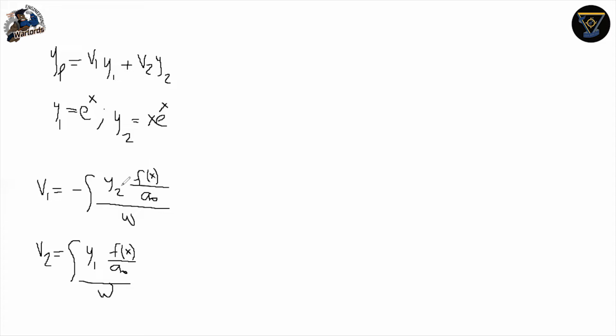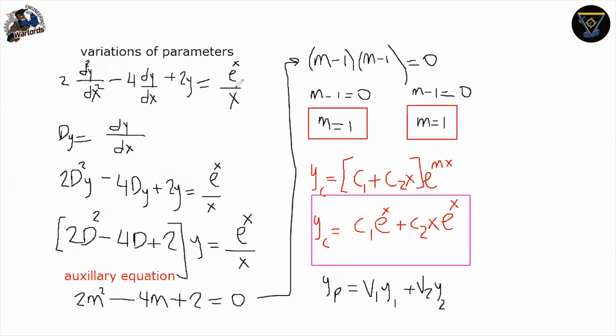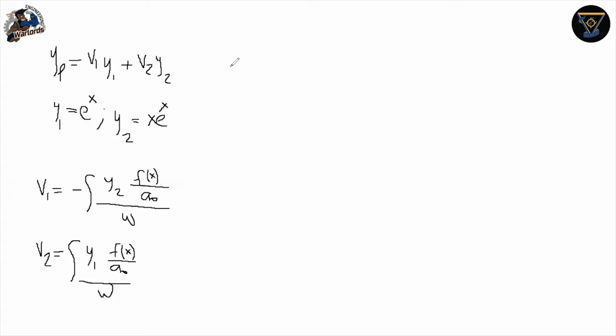So these are the two formulas we need. So what we need now is that we have our Y2 already, which is x e to the x. We have our f of x. F of x is what is on the right-hand side, which is e to the x over x, right? So f of x is equals to e to the x over x.